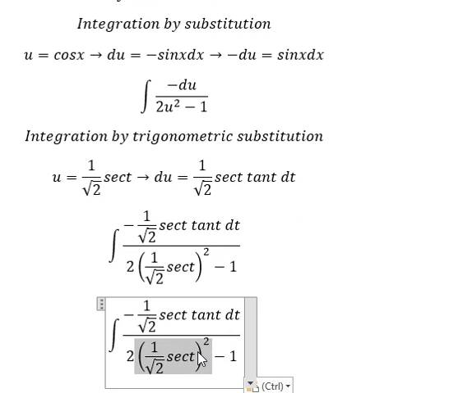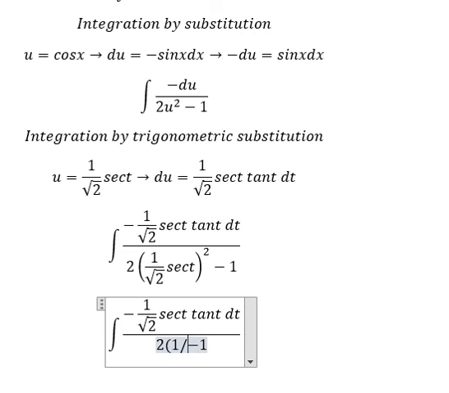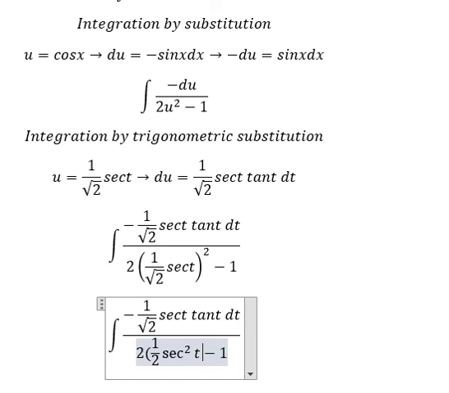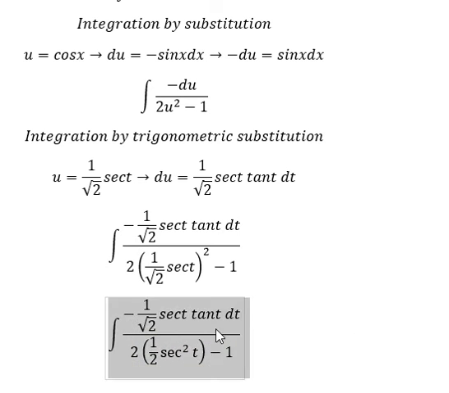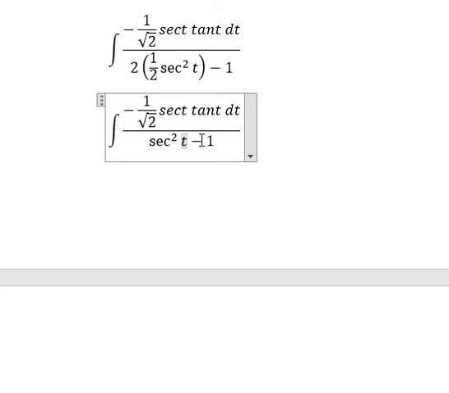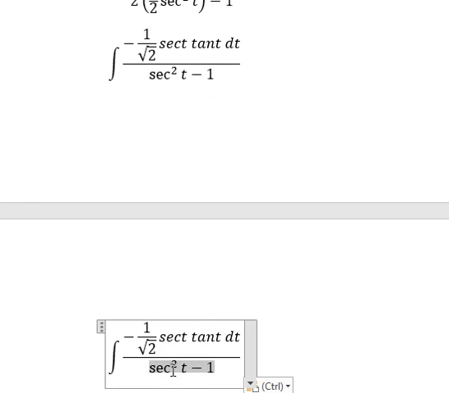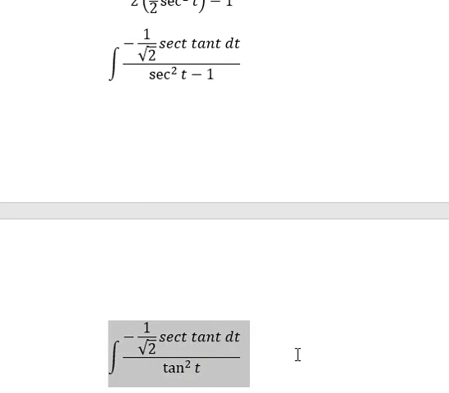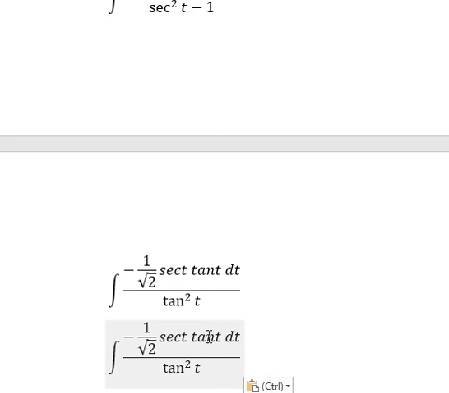This one that is about 1 over 2 secant of t squared. So number 2 and number 2 we simplified. And this one that is about tan t squared. Now we simplify tan t.